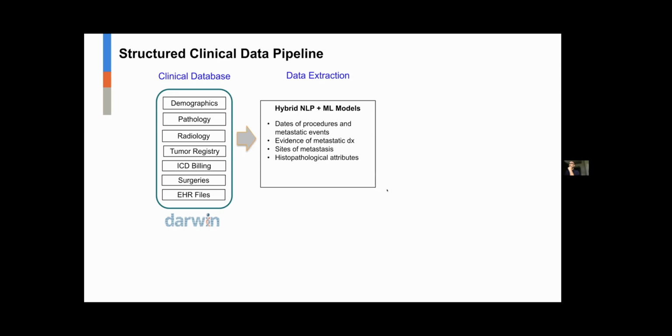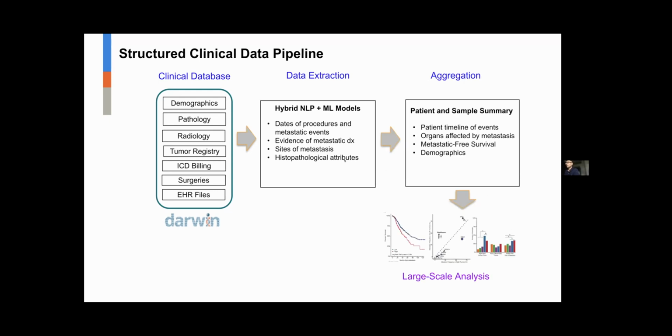This is a process we've started, where we have a pipeline of structured data in which we use natural language processing and ML models to gather dates of procedures and metastatic events, sites of metastasis, and other information in pathology reports. Then we aggregate this data, providing a timeline of events, and we can calculate metastatic free survival or get other demographic information and do the large scale analysis appropriate for retrospective studies.